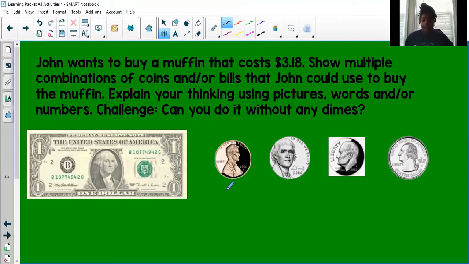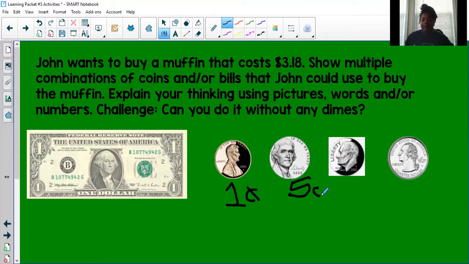You're right, 1 cent. Penny is worth 1 cent. And this is a way you guys can draw it too when you're creating different ways to make your change. This one, you're right, guys, is the nickel, and it's worth 5 cents.